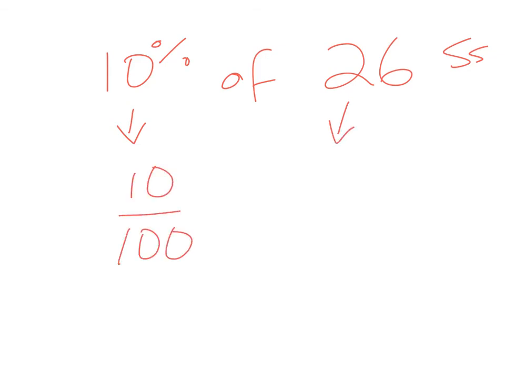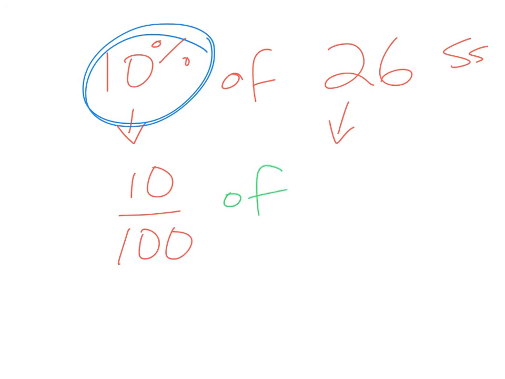How do we get that fraction? Because a percent is always out of 100. And we can say, let's choose another color, of 26 students. 10 of 100, 10% of 26 students.